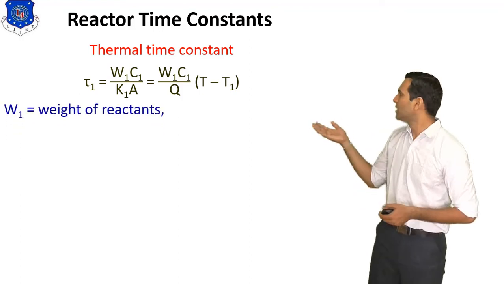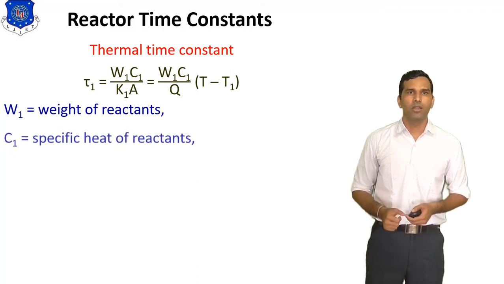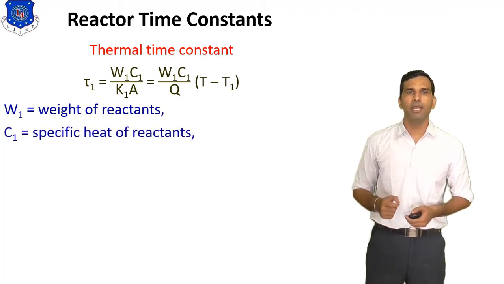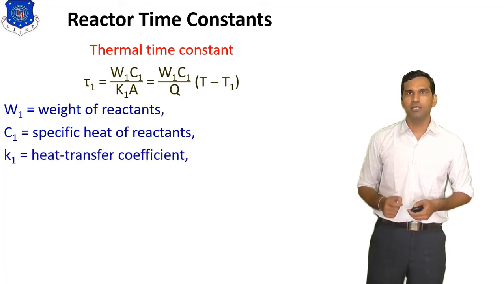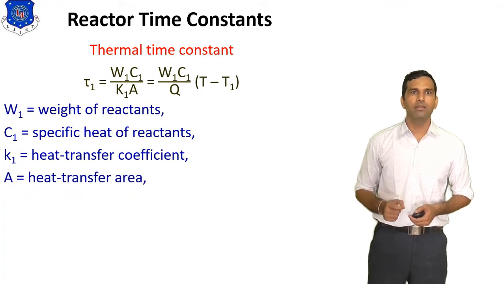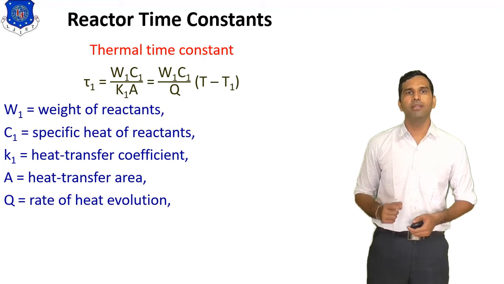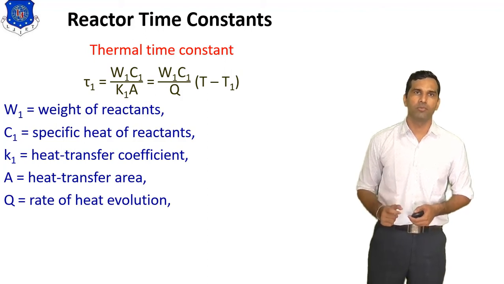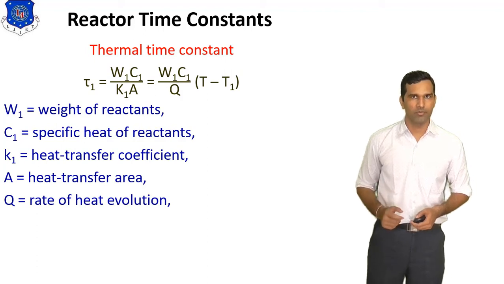Here, W1 indicates the weight of reactant, C1 indicates the specific heat of reactant, K1 indicates the heat transfer coefficient, A indicates the heat transfer area, and Q indicates the rate of heat evolution. So this is the equation to find the thermal time constant.